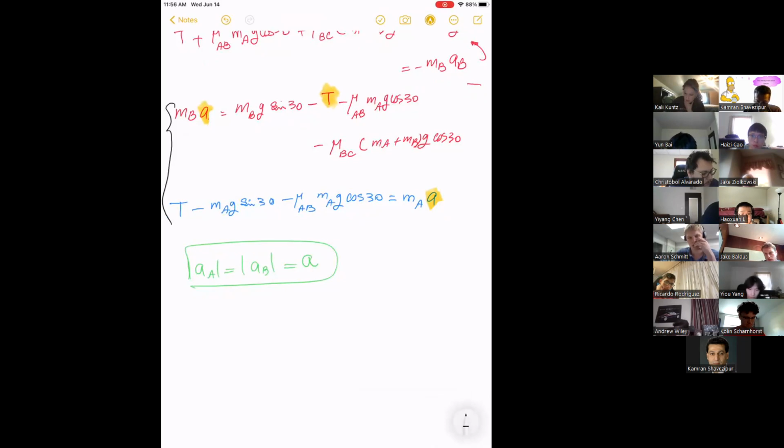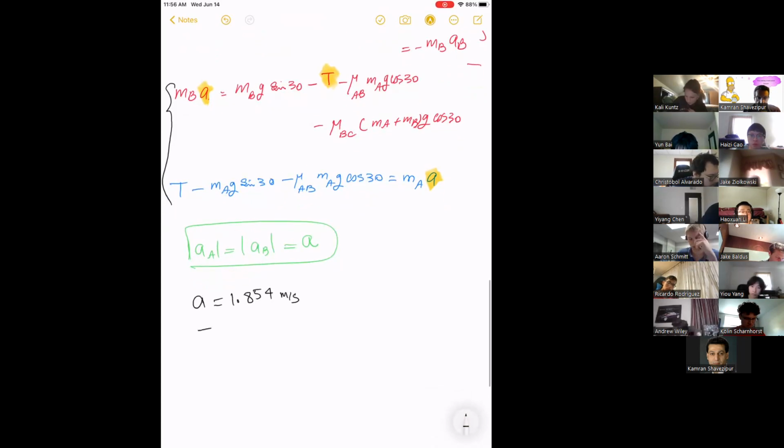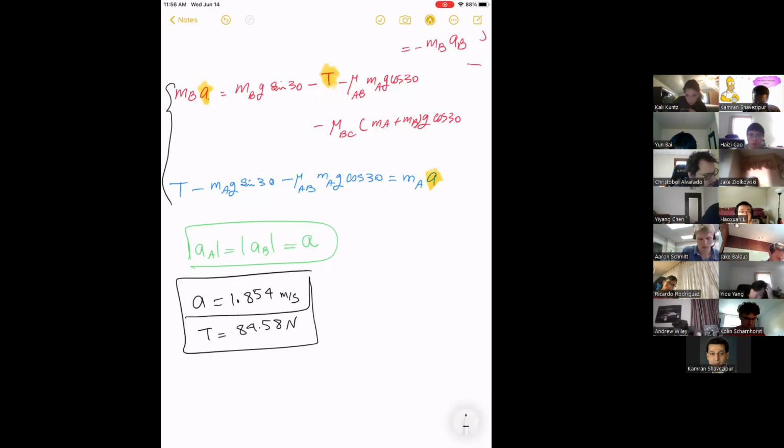If you solve this, A is going to be 1.854 meter per second squared. And the tension is going to be 84.58 Newton. Remember, AA is minus AB, and that's how you get it.